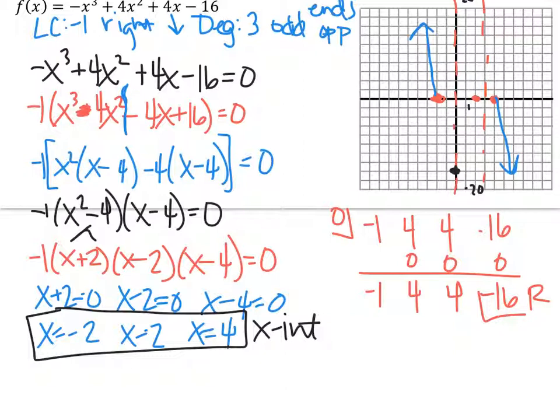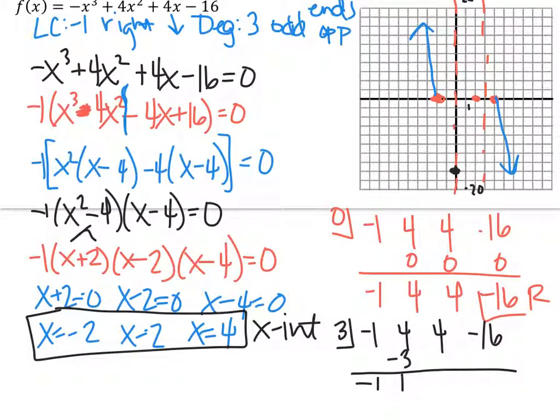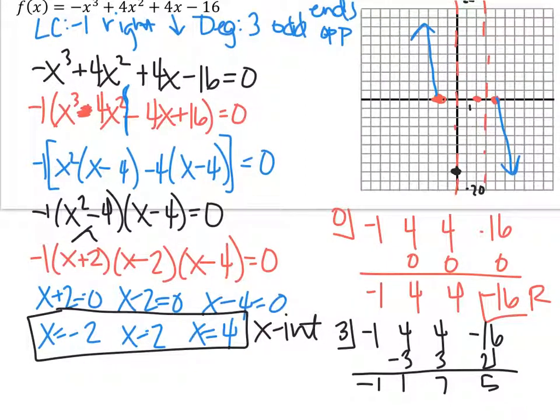My other relative maximum is going to occur at 3. -16 and 21 is 5. So 5, if I'm counting by 2's, will be halfway between 4 and 6. It's really hard for me to do on this pen.